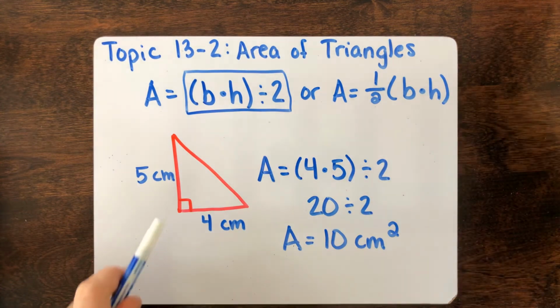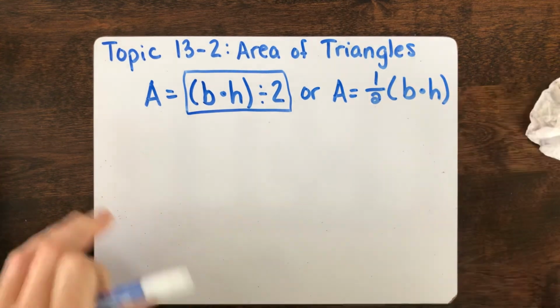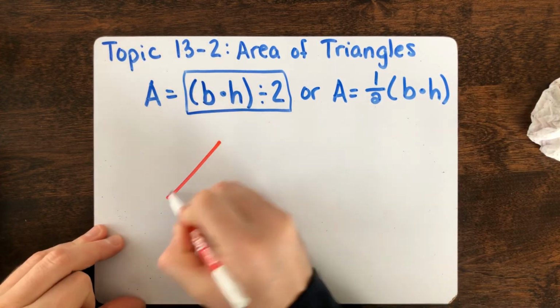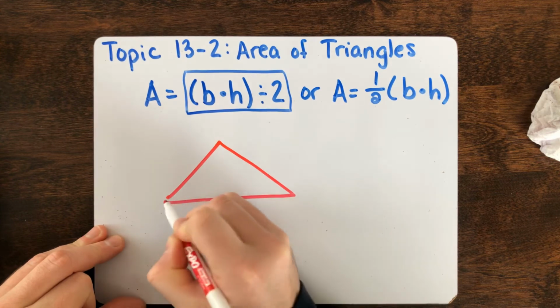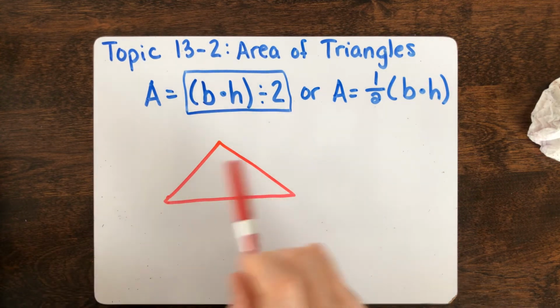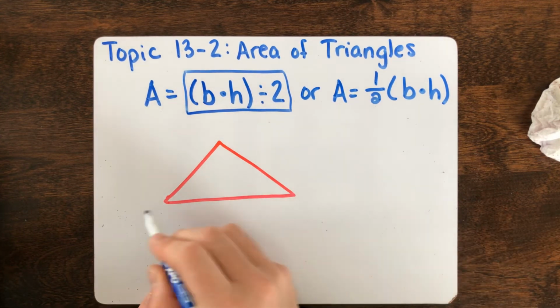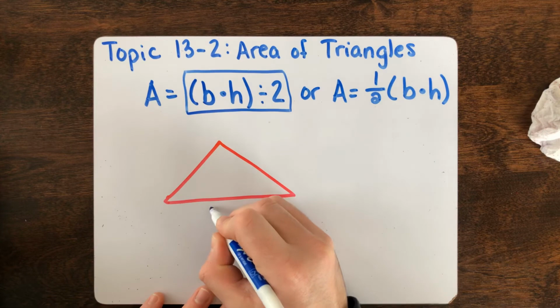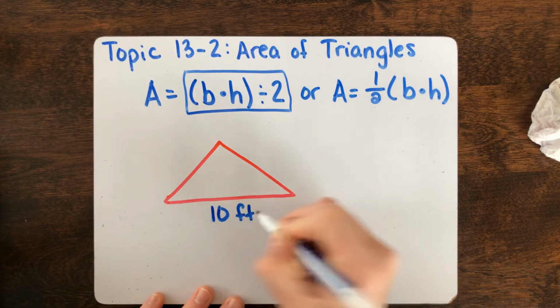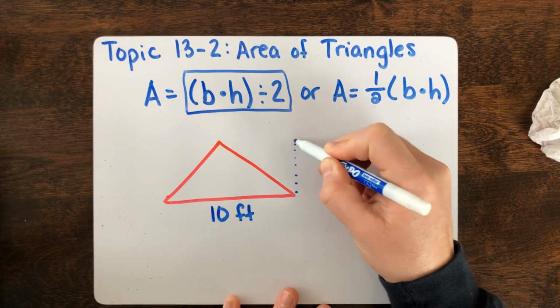All right. So you may see triangles like this, but you also may see triangles that look like this. Not right triangles, but triangles like this. You may see like an isosceles triangle. All right. In this case, the base, let's say, is 10 feet. Now, you don't know the height. They may give you the height like this.